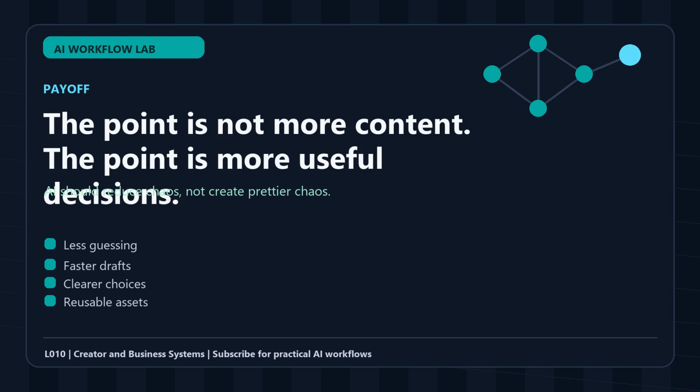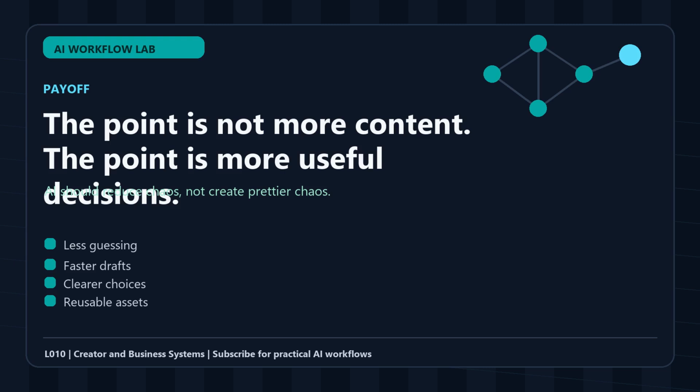Additional implementation pass. For build a client onboarding system with AI, the safest way to improve the workflow is to run it 3 times with 3 different examples. The first example should be easy, so you can confirm the structure works. The second example should be messy, so you can find weak rules.